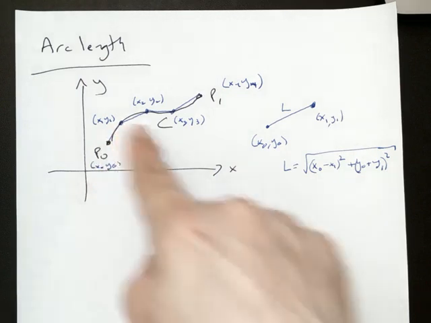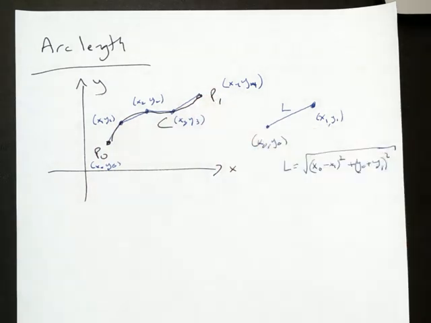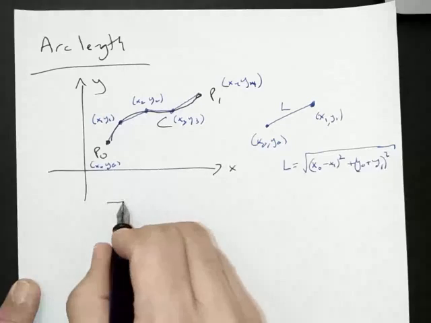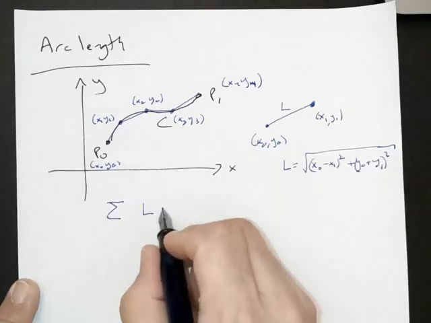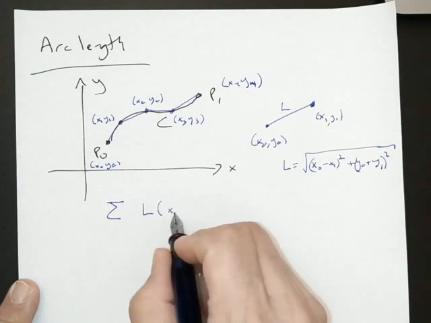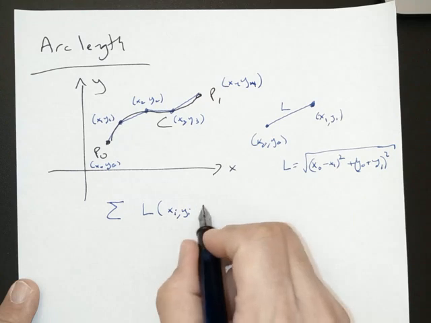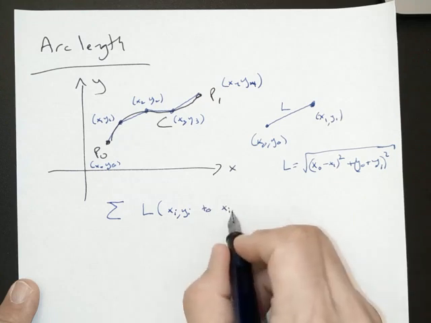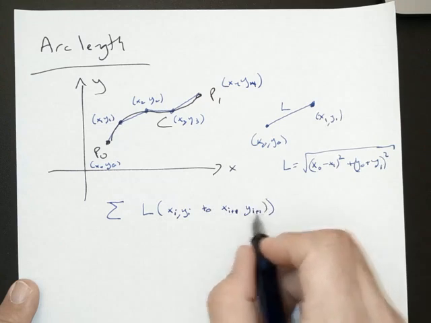So now I can say for each of these little pieces, I can use this formula. Which means in order to find an approximation for the length of this curve, I could say, oh, I want the total of the length from xi, yi to xi plus 1, yi plus 1.